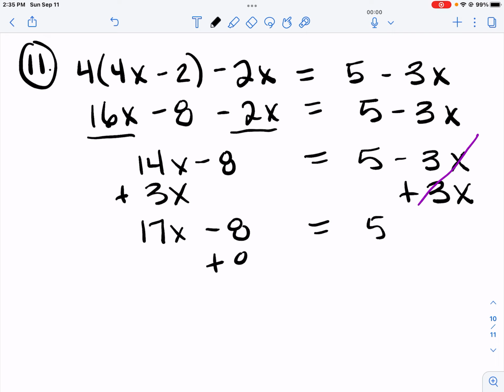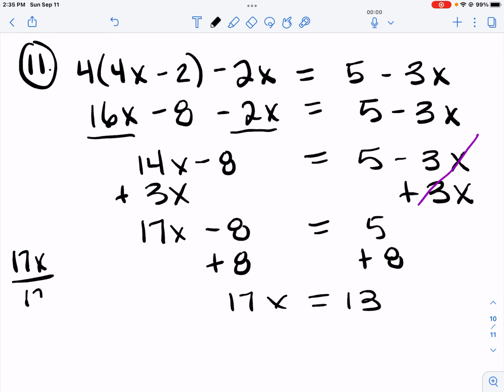Get rid of the 8. Divide by 17 on both sides. That's not a good division, meaning it's not a whole number. Nothing goes into. So that's our answer.